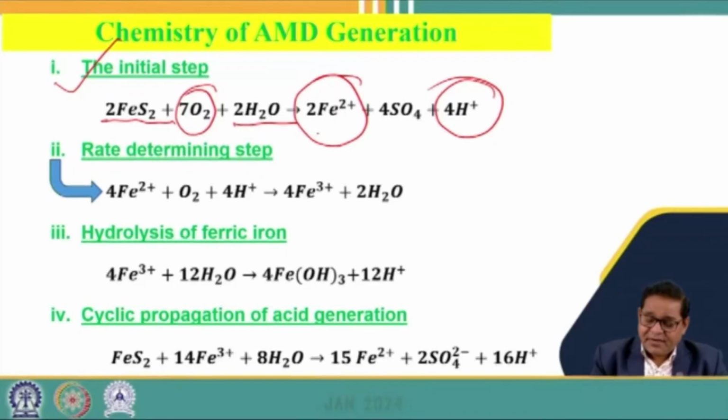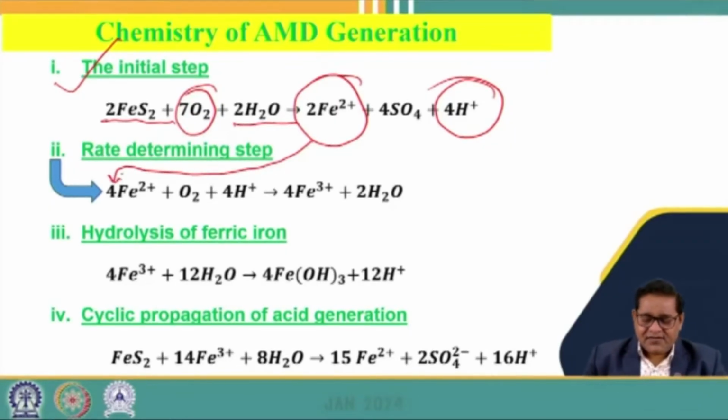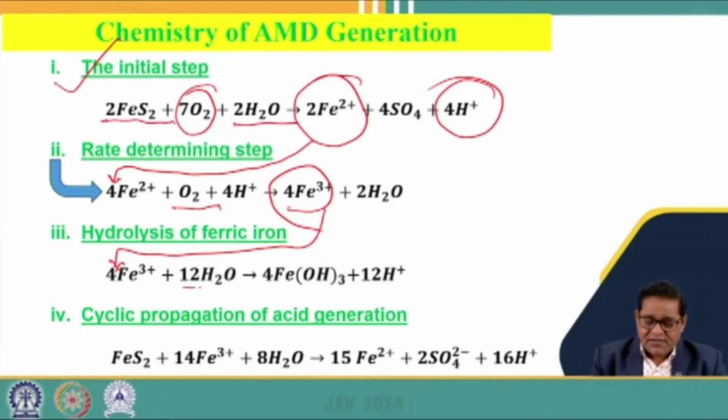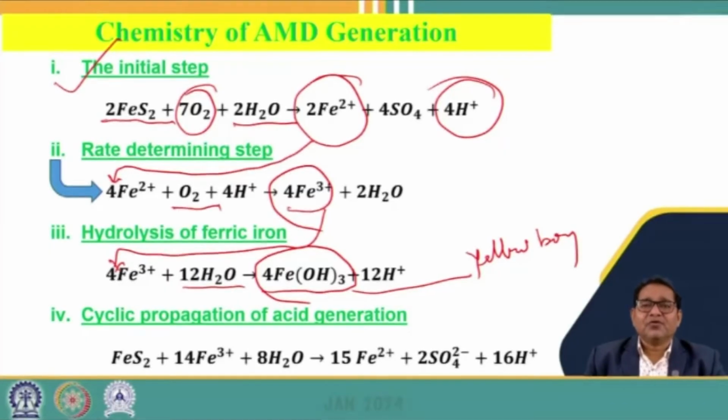Once these ferrous ions are produced, they further get oxidized to ferric ions, and these ferric ions get hydrolyzed, and after hydrolysis a lot of ferric hydroxide, which we call yellow boy, is generated. So this basically provides the red muddy color to the mine water which is produced from the tertiary coal field.